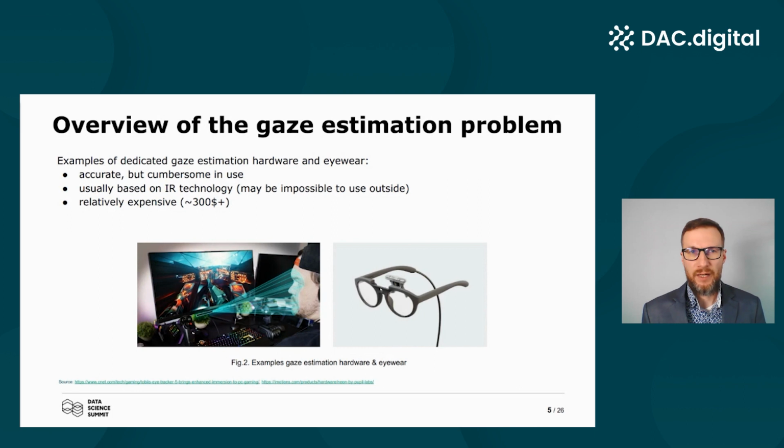Those devices are accurate, but can be a little cumbersome in use, depending on the use case. They are usually based on IR technology, so it may be impossible to use them outside in strong sunlight. They are also relatively expensive, starting from around $300 up to several thousands of dollars.